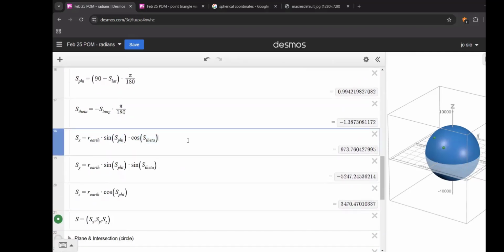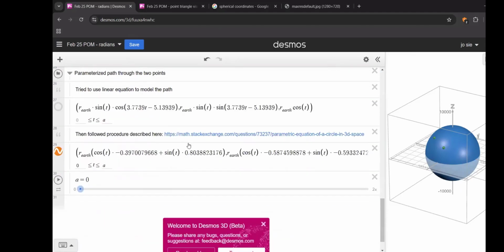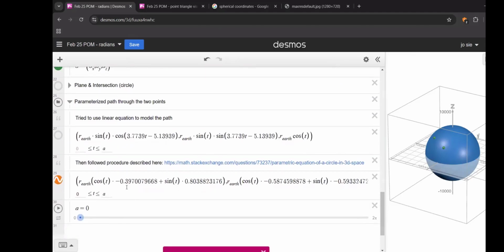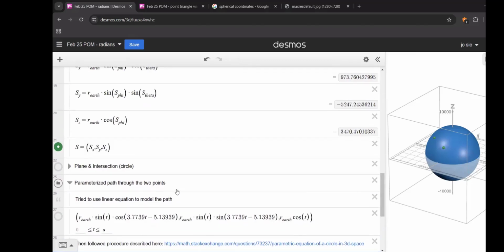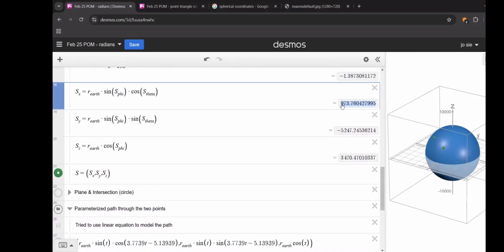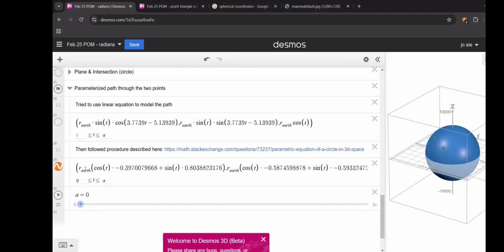And I used a calculator to solve for that. So the x coordinate of South Carolina was this number here. So I set 973 point something equal to my formula for x, and then I had a calculator solve for t for me because I didn't want to do it.